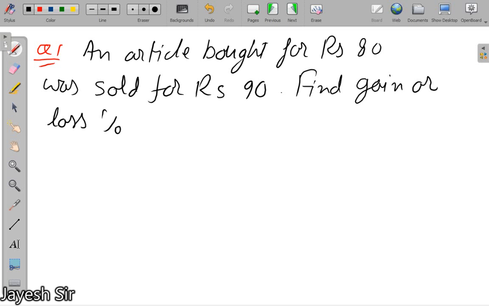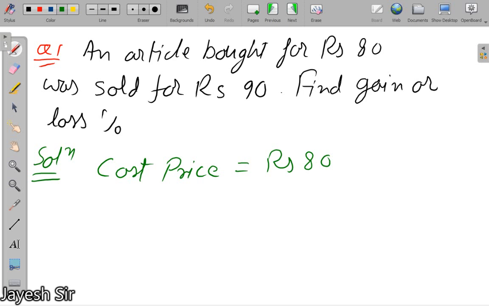First of all we will classify the terms. Bought price is cost price. Cost price of the article is rupees 80 and selling price of the same article is rupees 90.